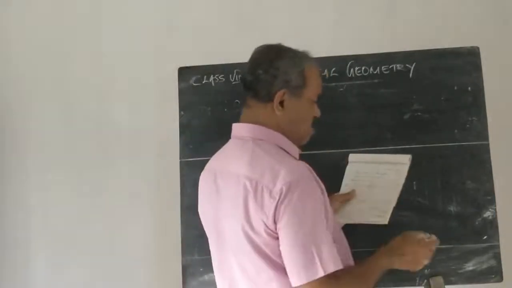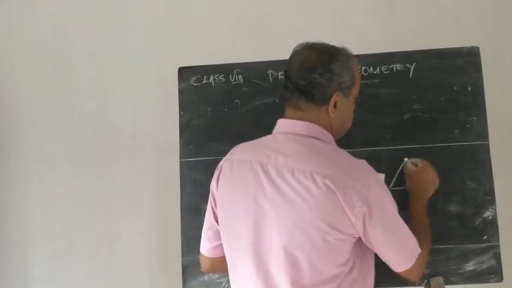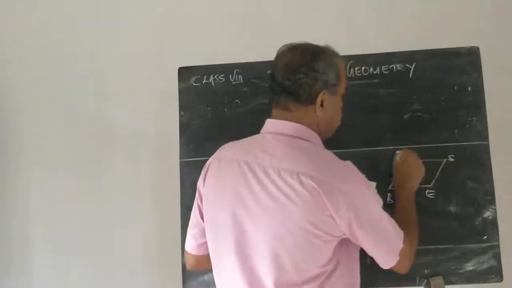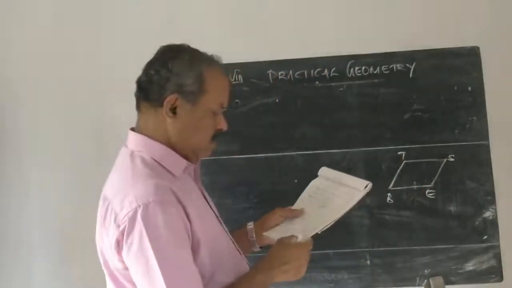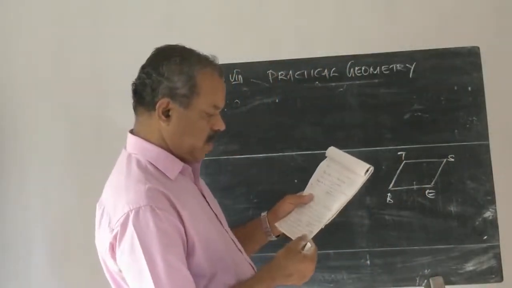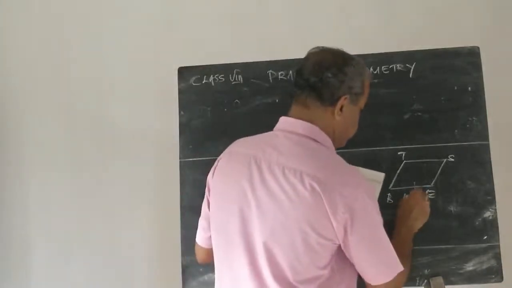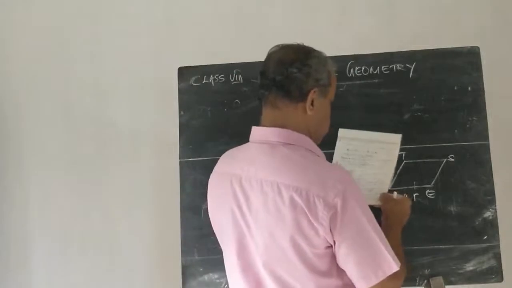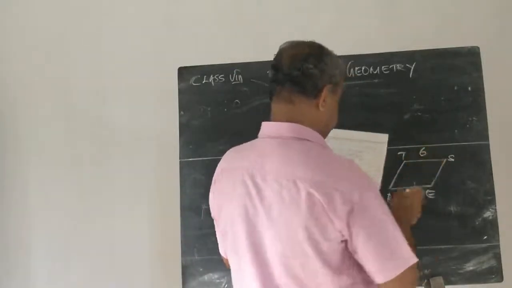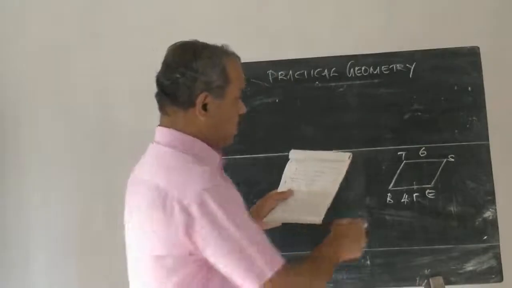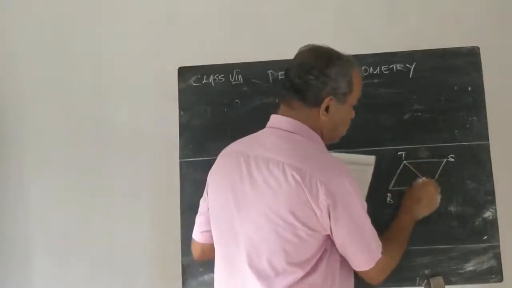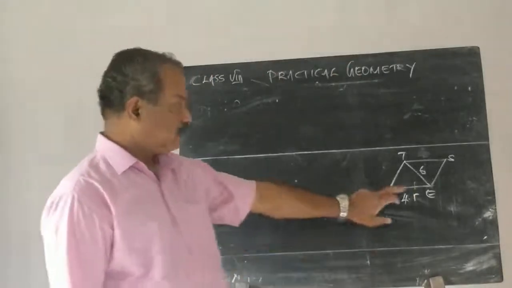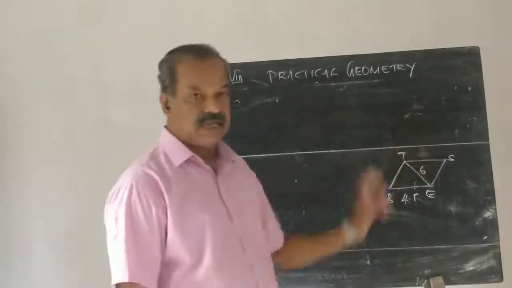The fourth one, rhombus BEST. First draw the rough figure of rhombus BEST, given BE equal to 4.5 and TE equal to 6 centimeters. Then how will you construct this? We can make use of the property of the rhombus: all the sides are equal.